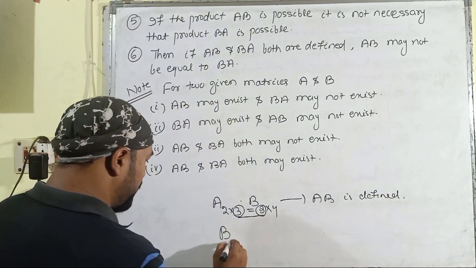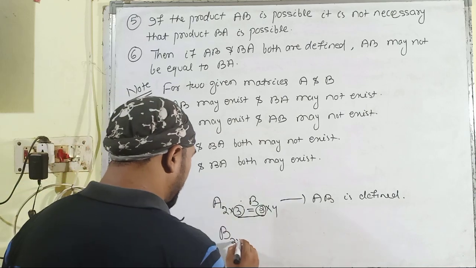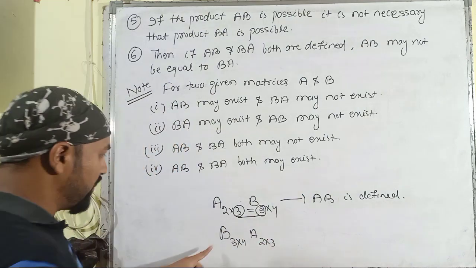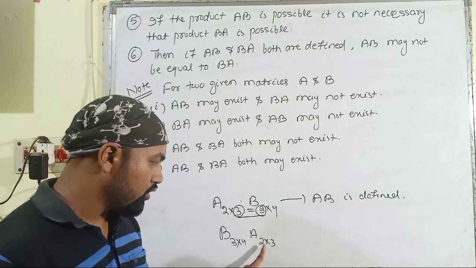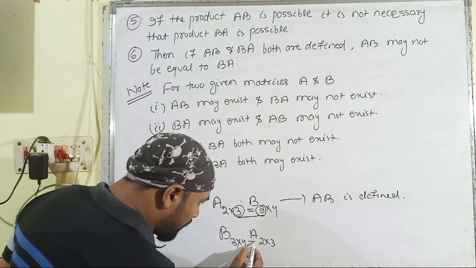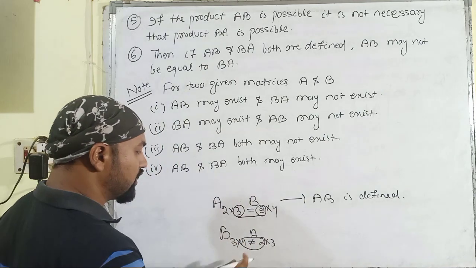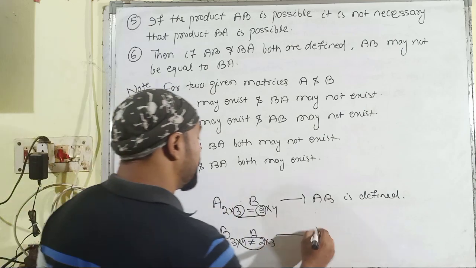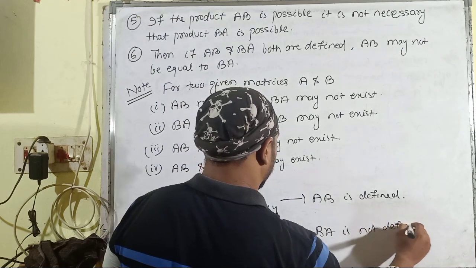But whenever we are going to calculate the matrix multiplication of BA, B is a matrix of the order 3 cross 4, we have taken it. And A is a matrix of the order 2 cross 3. And here BA is not defined because the number of columns of the first matrix is not equal to the number of rows of the second matrix A. So here BA is not defined.